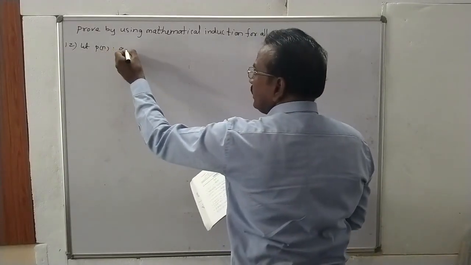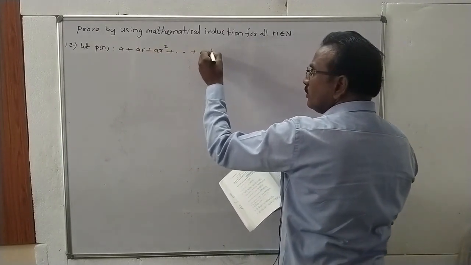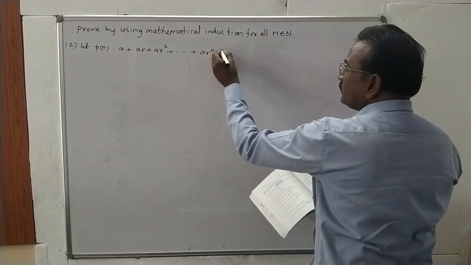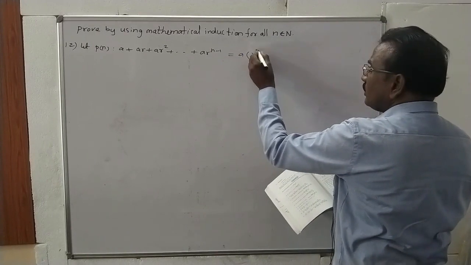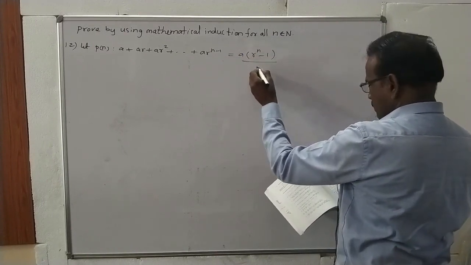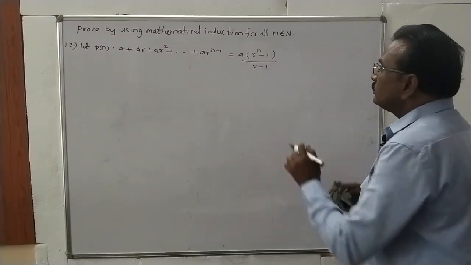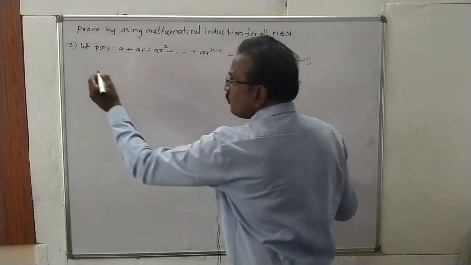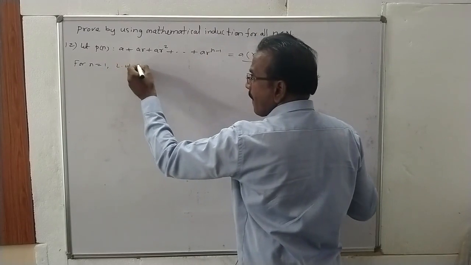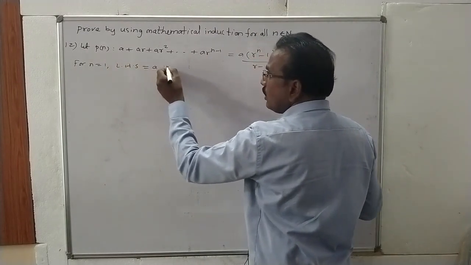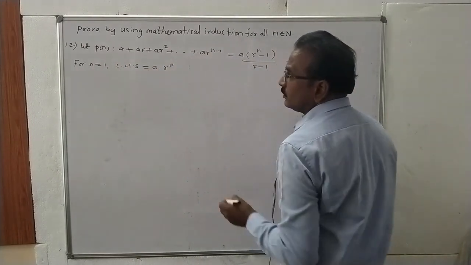Let P of n be a plus ar plus ar square plus dash dash a into r power n minus 1 is equal to a into r power n minus 1 divided by r minus 1. Right, so this is equation 1. For n is equal to 1, LHS is a into r power 1 minus 1, r power 0.